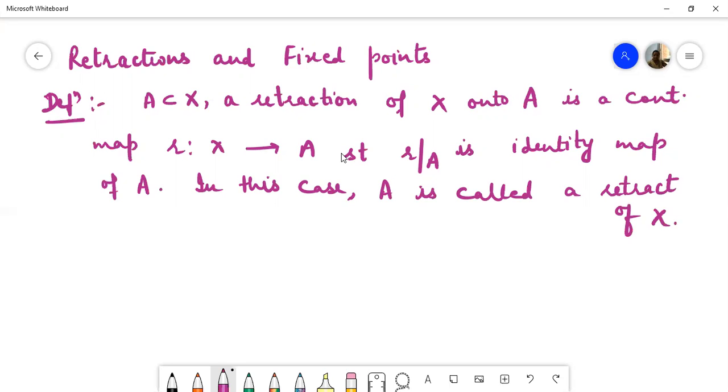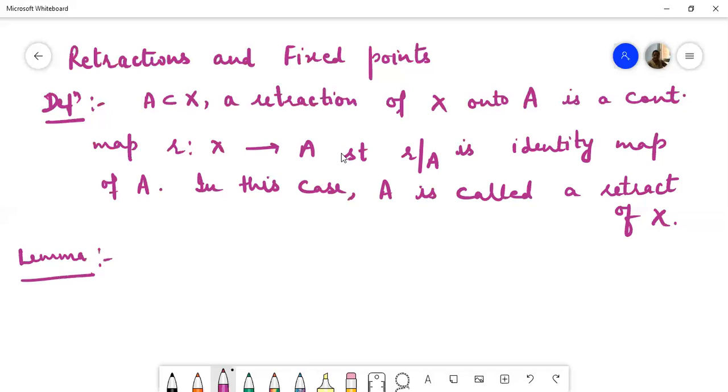Now we will prove that the homomorphism induced by the inclusion map is injective, if the domain space is a retract of the range space. So we prove this lemma.